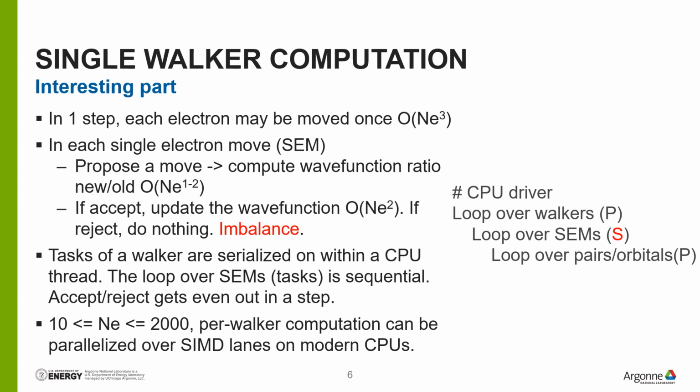So on the right side, you could see that there's walkers. This is a parallel loop, and under it, there's the sequential loop over all those single electron moves. So still beneath it, we do a bunch of calculation around the pair interactions or evaluating orbitals. They are still very, very good. They can utilize the compute power of modern CPUs, which have a very wide SIMD unit. So this was kind of okay for a very long time.